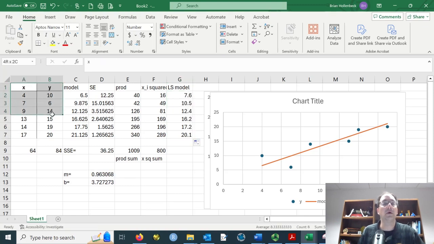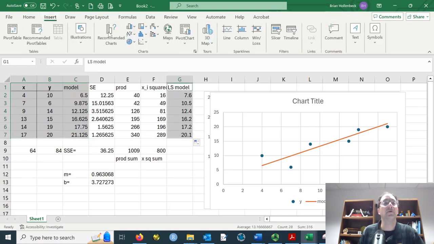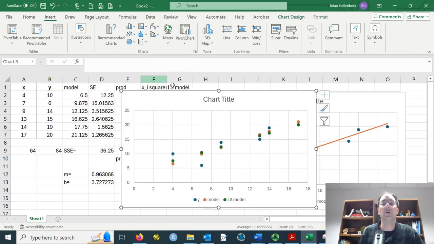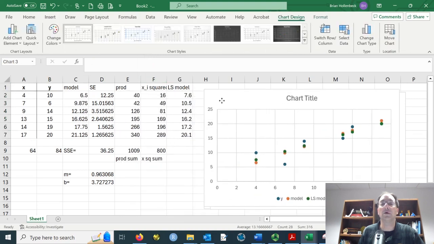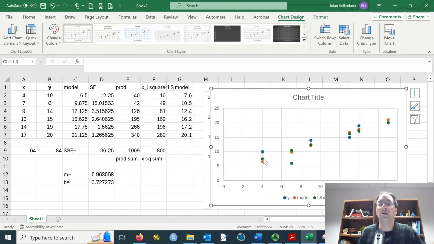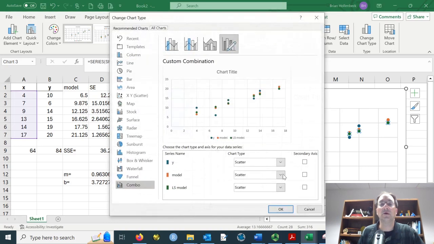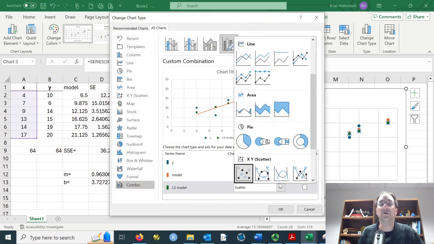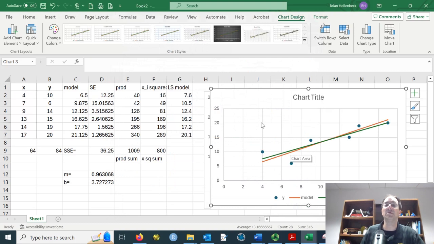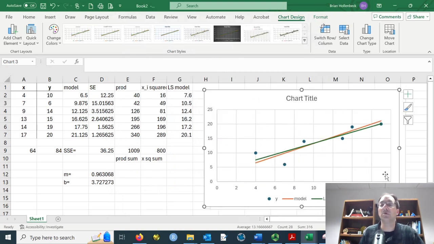All right, and let's take a look at our plot. Again, we'll change these to lines for comparison's sake. So, not a huge difference in terms of the model, okay?